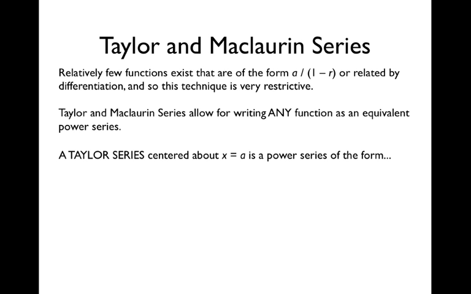So when you have a Taylor series, it has a center point. So it's building the power series about a particular x value, and that's normally x equals a. Okay, and so here's the form of that. Well, we're going to just state it today and use it, and we'll show why it's true on Wednesday.